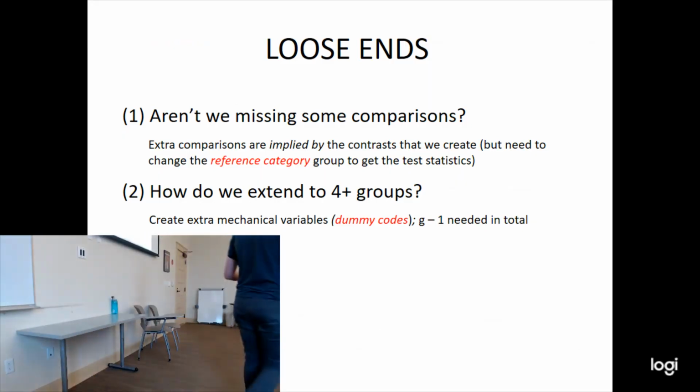So in order to handle more complicated designs, the same principles apply as when we were working with planned orthogonal contrasts. You need G minus 1 mechanical variables, where G is the number of groups. So you need 4 mechanical variables for 5 groups. And the only thing that you do is rotate what gets the one.